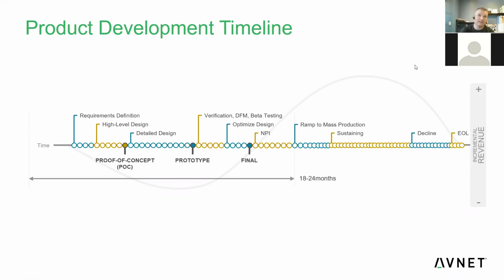And this really doesn't change a whole lot, whether it's a creator that's just got an idea and is trying to move it into production, or a big tier 1 customer that's starting a new product and trying to get it to market. This pretty much looks the same. It's surprising actually how little difference you'll see. Sometimes the timelines might shift if it's a military product or something in healthcare, but other than that, it tends to look pretty much the same.